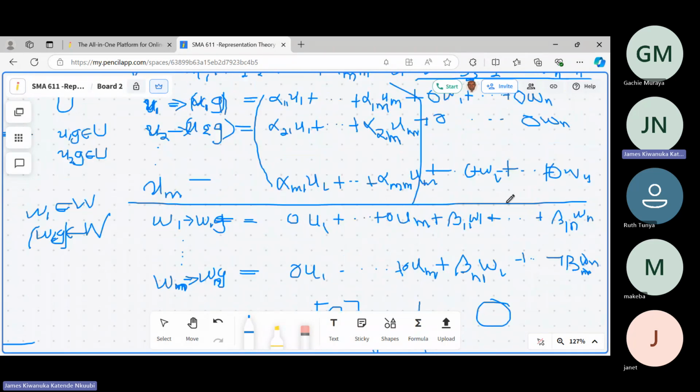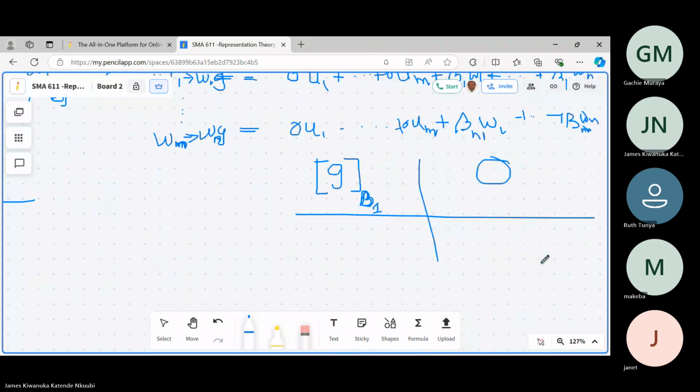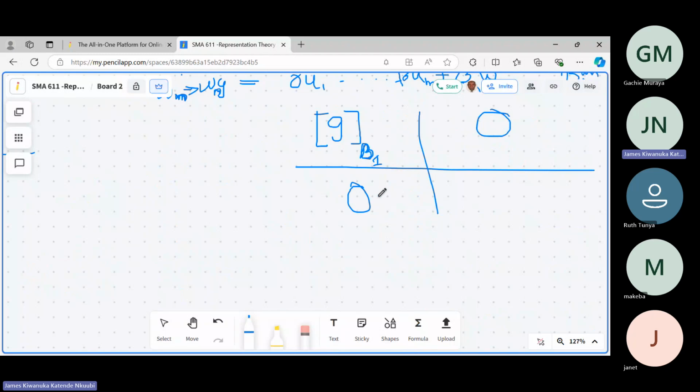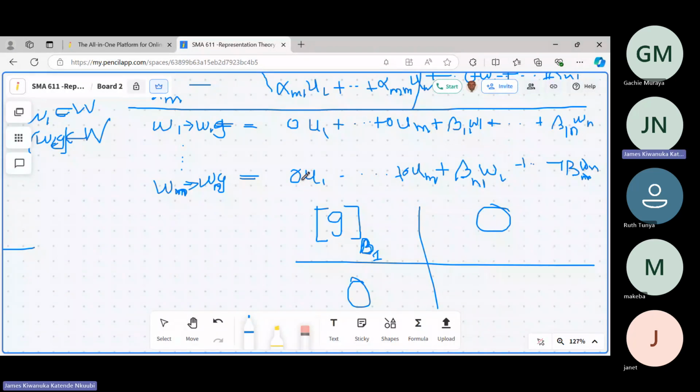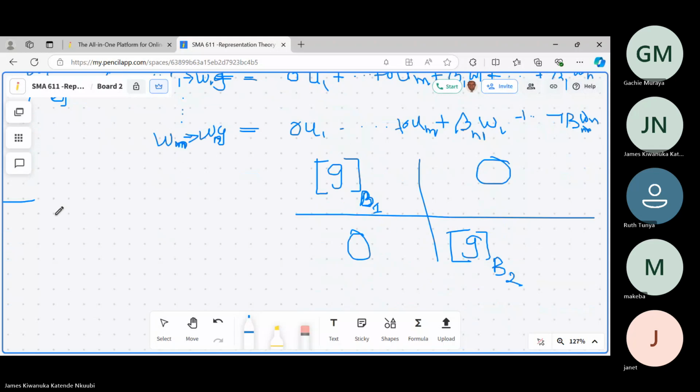Here it's 0 because you can see these are all zeros. The same will happen here, 0, because all these have 0 coefficients. Then you will have your other matrix here, G, but now with the basis for W. The same thing. So it makes use of the properties of direct products and then linear maps as well.